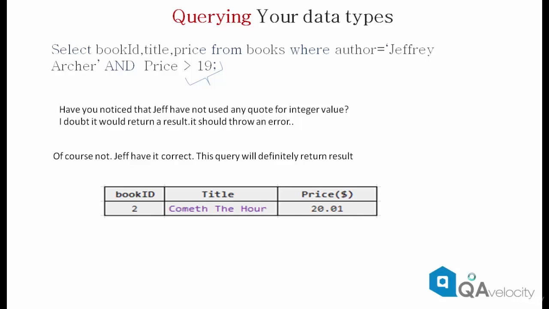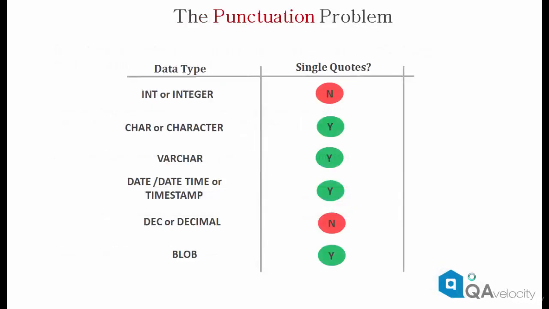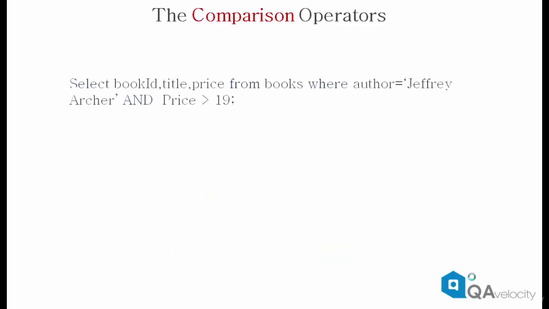So let's check what all data types accept single quotes. To write a valid where clause, you need to make sure that each of the data types you use is in proper format. Here's the list of data types which accept or don't accept single quotes. So integer and decimal values should not be in single quotes. The rest of the others, character, varchar, datetime and blob, should be in single quotes.